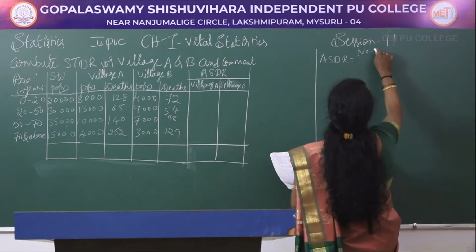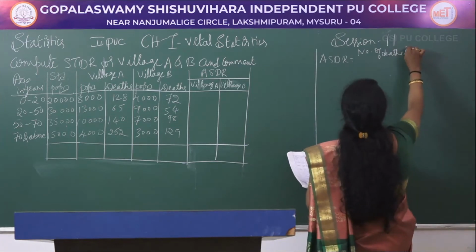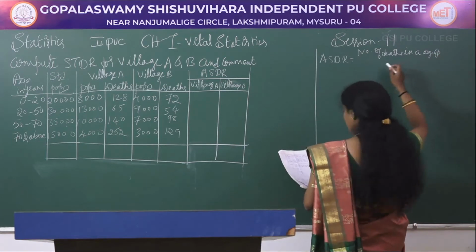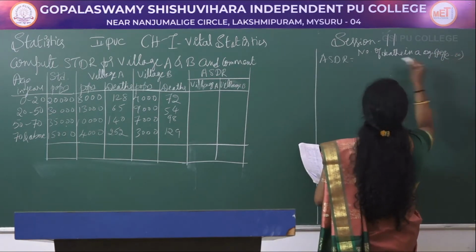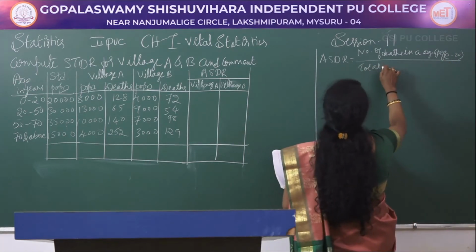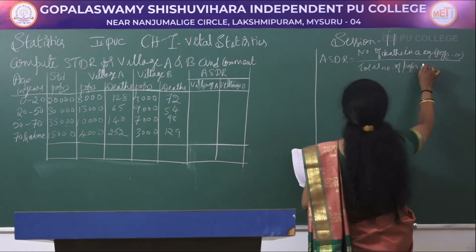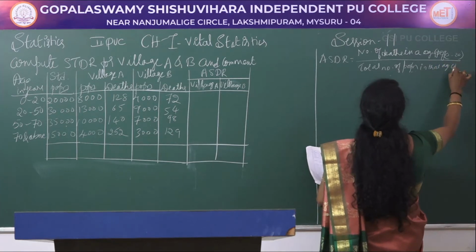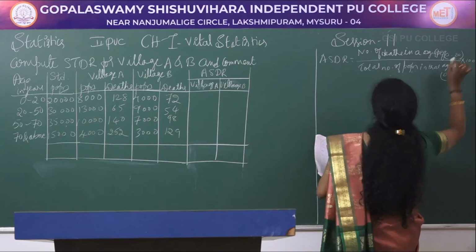Number of deaths in an age group of 0 to 20, the first age group in this problem, and total number of population in that age group, that is 0 to 20, and it should be multiplied by 1000.